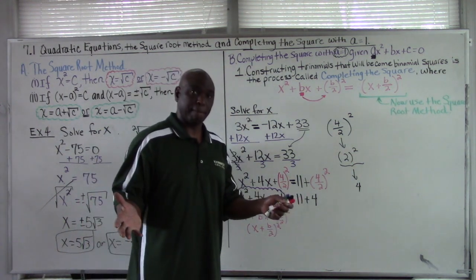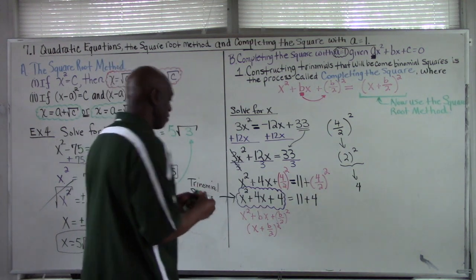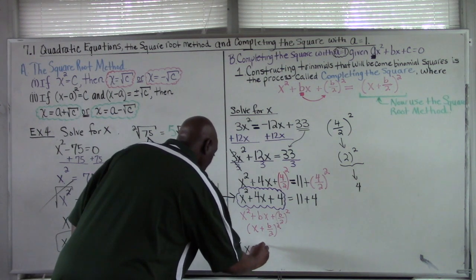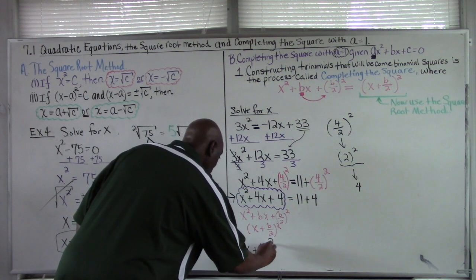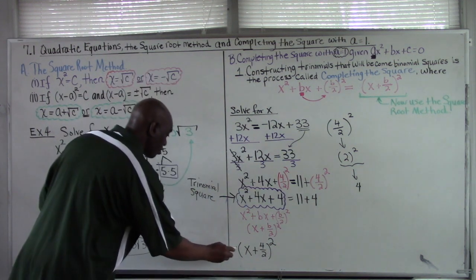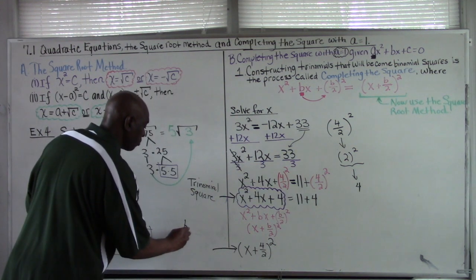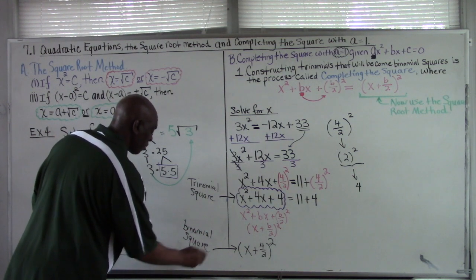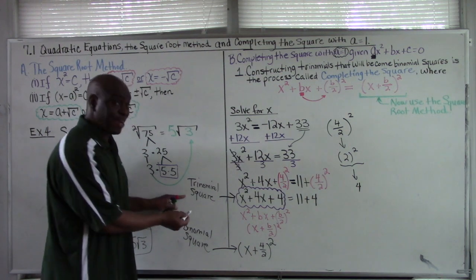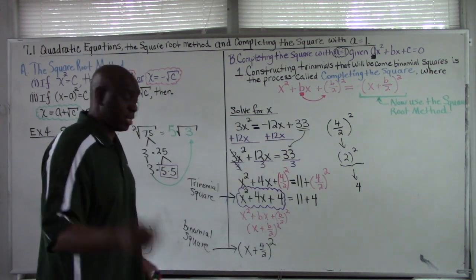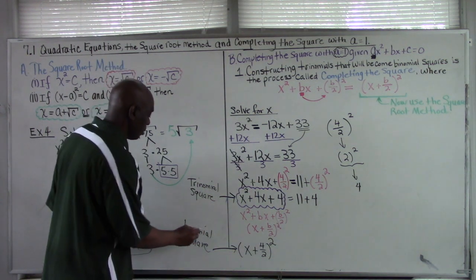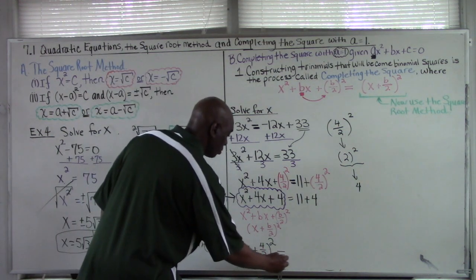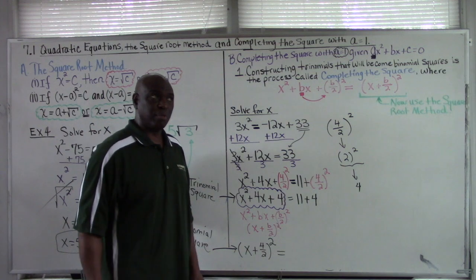So now this becomes x plus 4 over 2 quantity squared. And this right here is what we call a binomial square. So you can write the trinomial square as a binomial square. That's the point. And all of this still is going to equal 11 plus 4. What's 11 plus 4? 15.